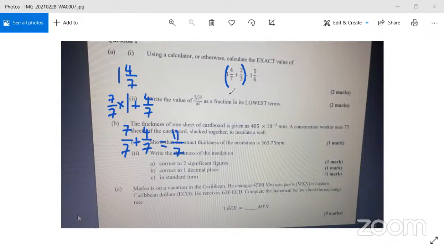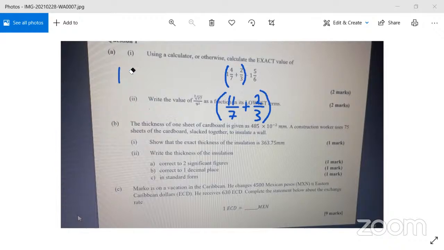We're gonna go over here. So now you are working with 11/7 plus 2/3. And again, the LCM of 3 and 7 is 3 times 7, right? So that's just to clear up that space right there.